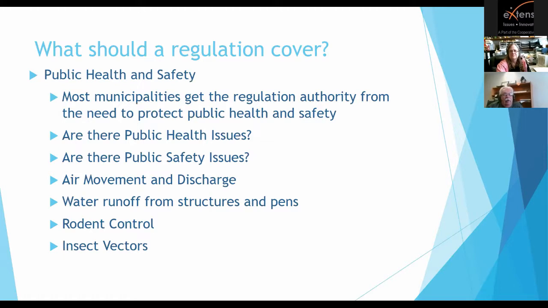So public health is really where the municipalities get their authority from. We have to spend time researching what the public health issues are, if there are any. What are the public safety issues? How are those factual? And then all the things that go with housing chickens or poultry we have to deal with, such as the air, such as water runoff, the rodents, and the insects.